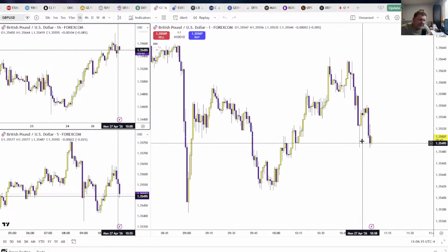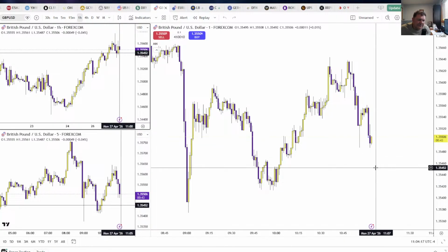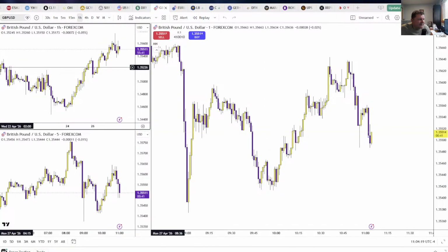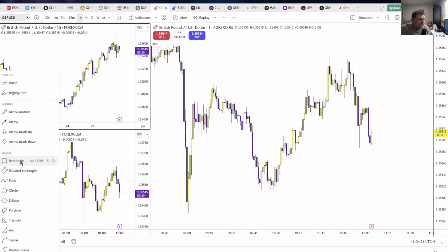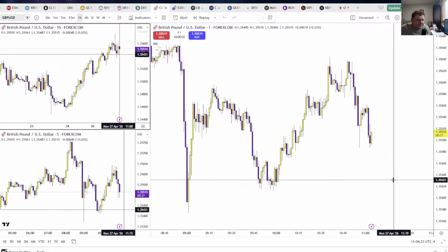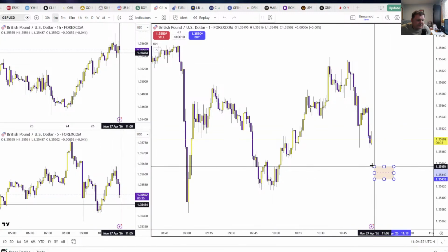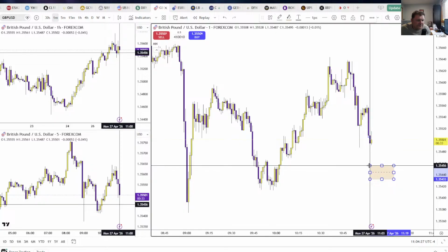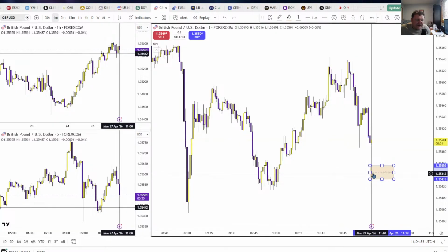Now I want to see if this continues to push lower. If it is, my target's down here now. This is for that's my downside objective.